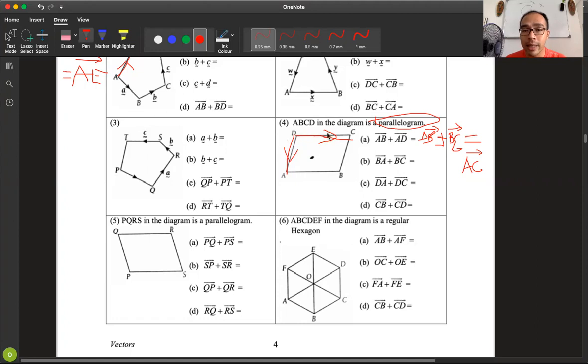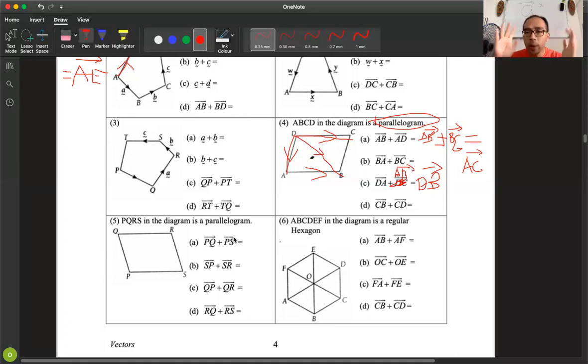But because DC and AB are the same and are equal and also parallel, I can replace this and say that this is also vector AB. So DA plus AB, let me complete the triangle. This will be vector DB. Just like that.